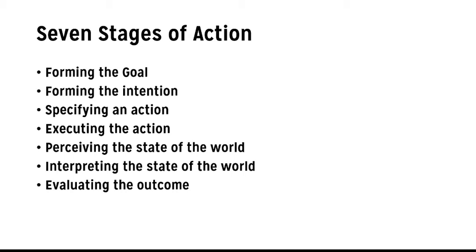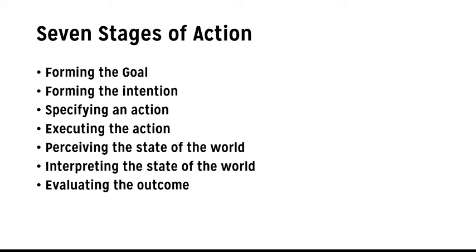So that's your perception of the state of the world being that this segment of the population is uninformed of what's going on. And then you can interpret that into saying that they need more news about what's going on in their neighborhood. And then you're evaluating the outcome of your interpretation, whether or not it actually works in practice. So all this has to do with research.